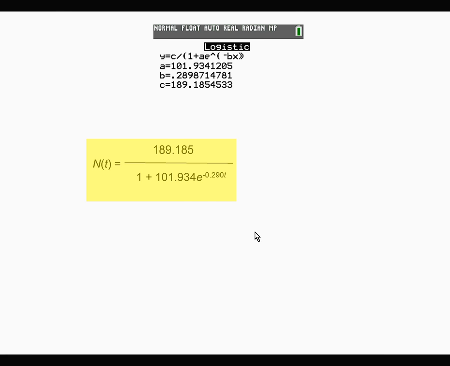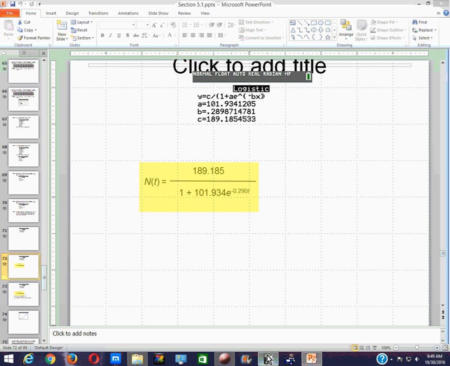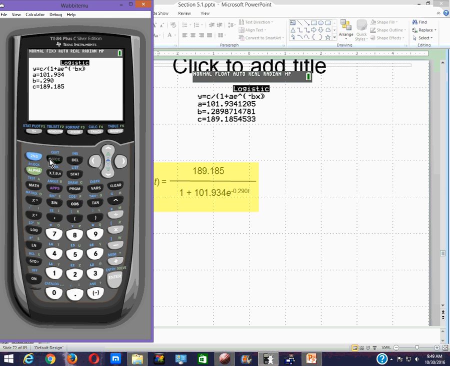Now when I plot this, I've got to turn on a stat plot, so let me quit this. Second, stat plot, let's turn on number 1, and let's see my window.